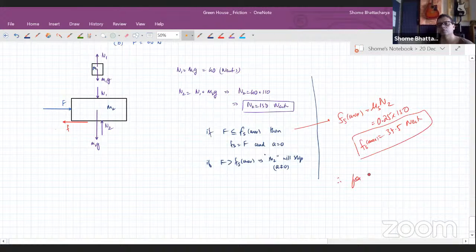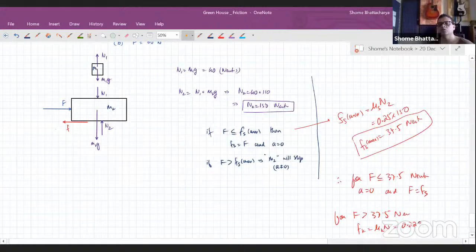Therefore, for F less than equal to 37.5 newtons, okay, acceleration will be 0 and F will be balanced by static friction. Whereas for F greater than 37.5 newtons, a kinetic friction of mu k into N will act, okay, which is 0.22 multiplied with 150. So 0.24, my mistake.